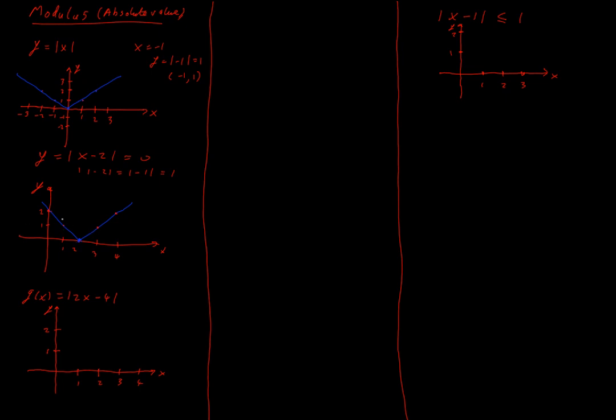So our function is going to have y as 1 here, and it's going to have y as 1 here. So if we were looking for, say, when the modulus of x minus 2 would be equal to 1, we'd be looking for when y was equal to 1.